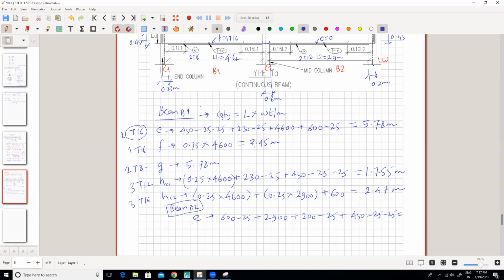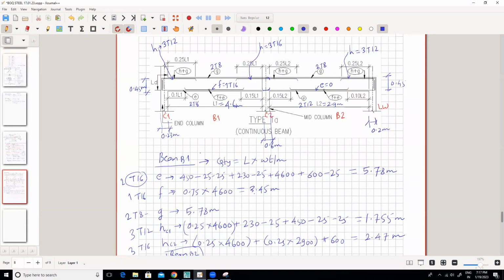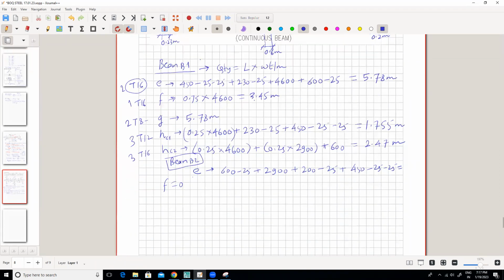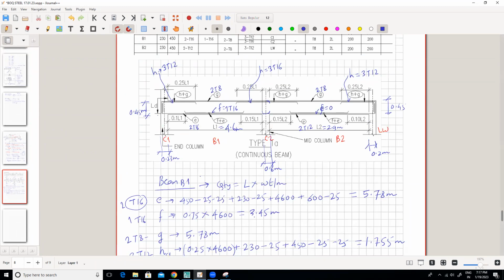Then we will have F bar. Is it E or F? Yeah, I had to write F here. E is the full bar, right? So F is 0, no problem. So let's say F is 0. Then what else? G bar will be exactly E here.